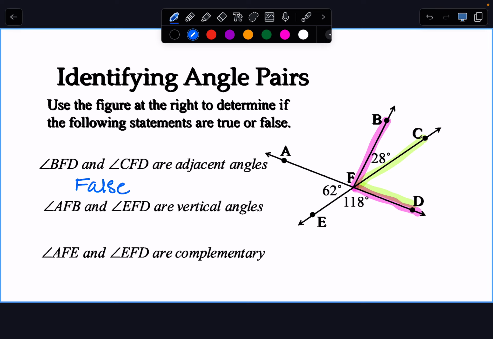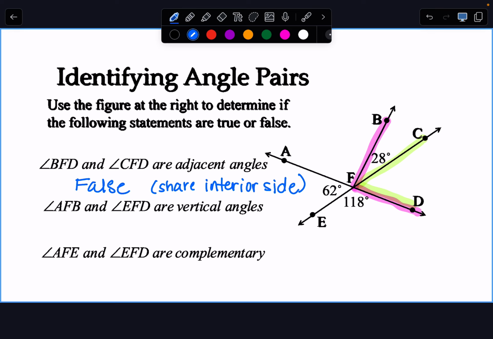So, we might need to be more specific. They need to share an interior side. I am sorry. Okay? They share a side, but it's not interior, so they're not adjacent.